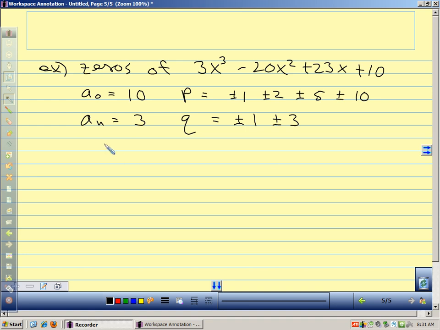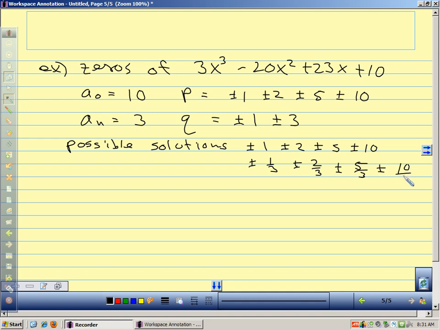So our possible solutions are plus or minus 1. We have quite a few. Plus or minus 1, plus or minus 2, plus or minus 5, plus or minus 10, plus or minus 1/3, plus or minus 2/3, plus or minus 5/3, and plus or minus 10/3.